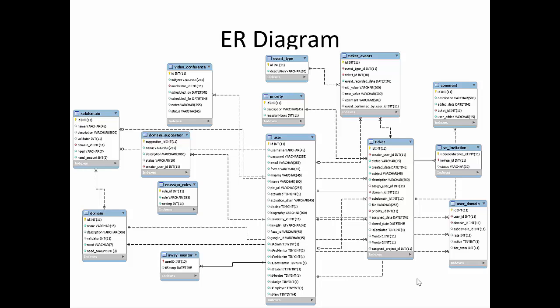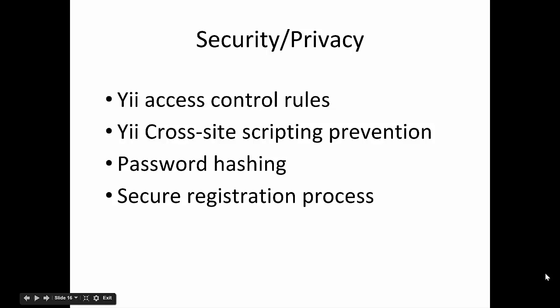The reassign rules is a separate table that is not linked to any other table. It is specifically just being used to hold the data of the reassign rules that can be changed by the system administrator. For security and privacy, we are using Yii's access control rules and Yii's cross-site scripting prevention. We are using password hashing, and we are using a secure registration process.